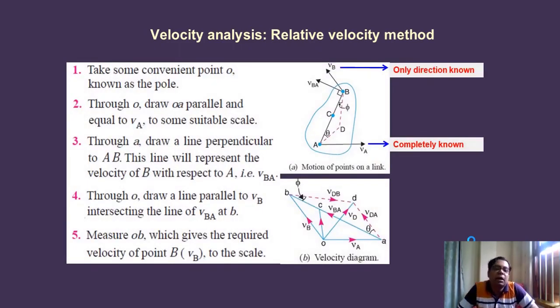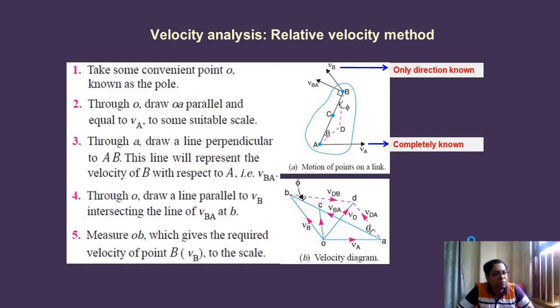There is a special consideration for this particular figure. If you observe properly, you will find there is a point O, which is also known as the pole. Through point O, we have to draw OA, which is parallel and equal to the velocity of A to some suitable scale.